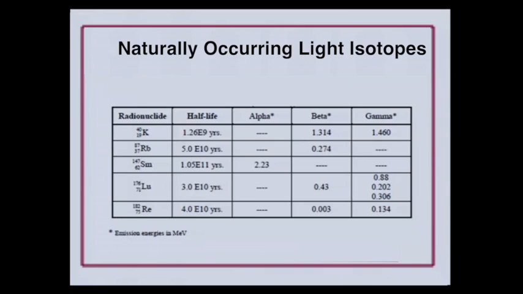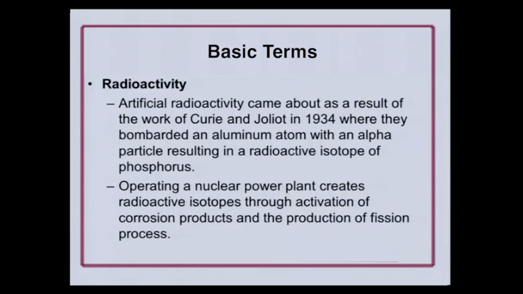So that's naturally occurring. If it's not naturally occurring, then we'd say that it's artificially produced. It should be fairly obvious that artificial radioactivity has not been around forever. It had to start somewhere, and basically it started with the work of Curie and Joliot in '34, where they took an aluminum atom and bombarded it with an alpha, and they made a radioactive isotope of phosphorus.